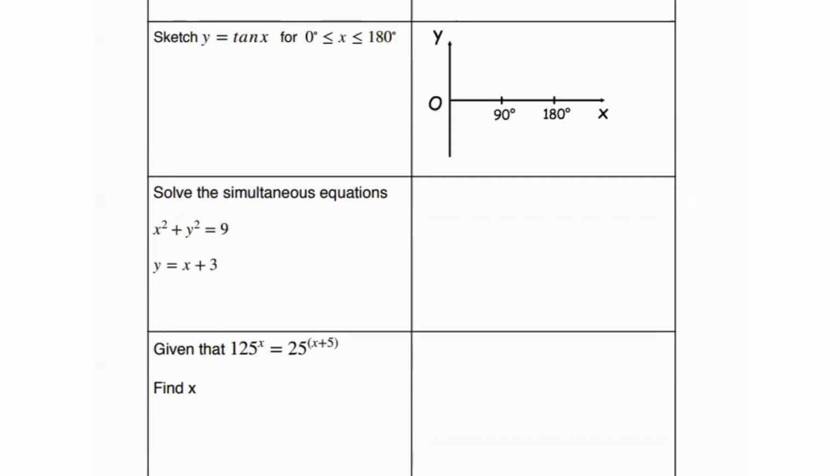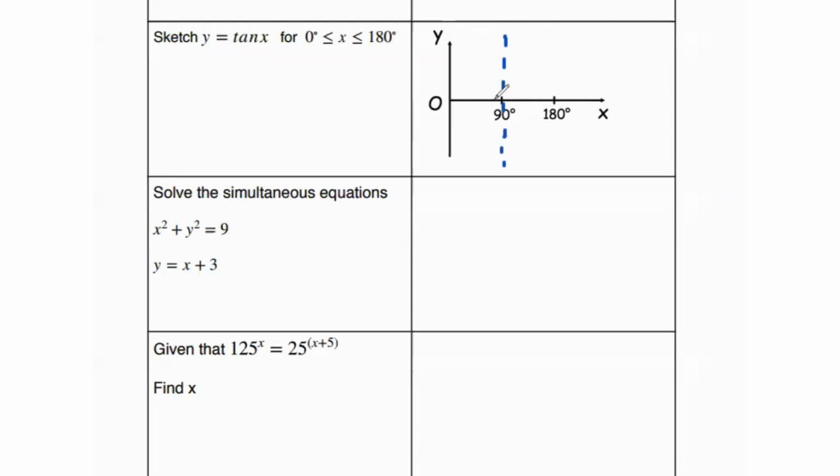If we find the value of tan 90, that's undefined, which means the graph does not exist at x equals 90. Similarly, tan 180 is 0 again. Which means you draw an asymptote at x equals 90.